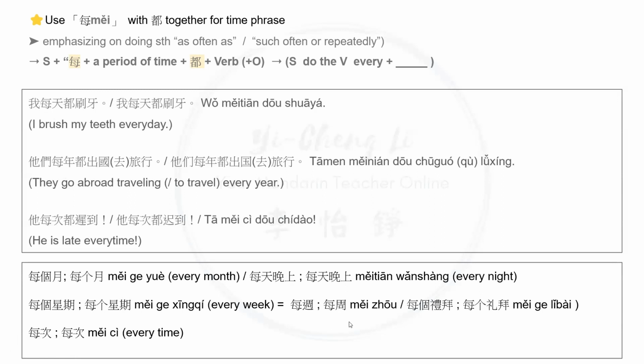You can also use 每周, which is also every week. 每个礼拜 is also every week. But in Taiwan, I would say we use 每个星期 the most, and then 每个礼拜. The least used is 每周, but it doesn't mean we don't understand. We understand. It's just we don't use it that much. And then the last one is also in our example, which is 每次 every time.